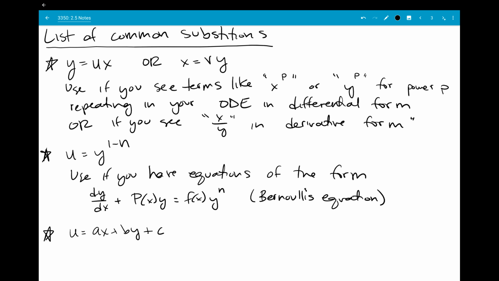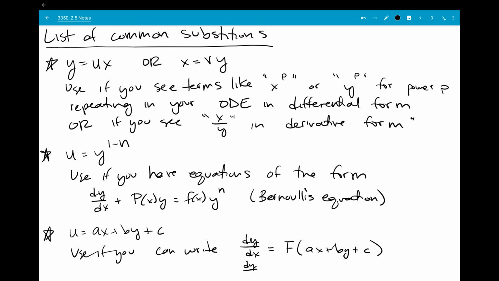And then the last one, the linear combination, you're going to use if you can write your differential equation as dy dx equal to some function of that linear combination.